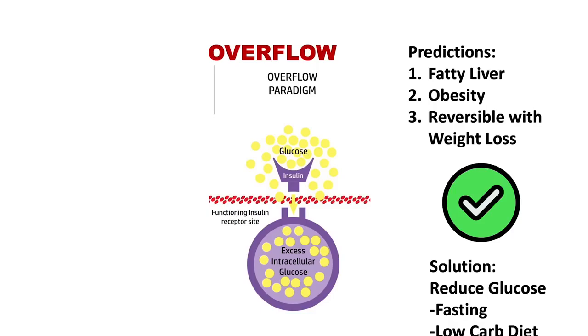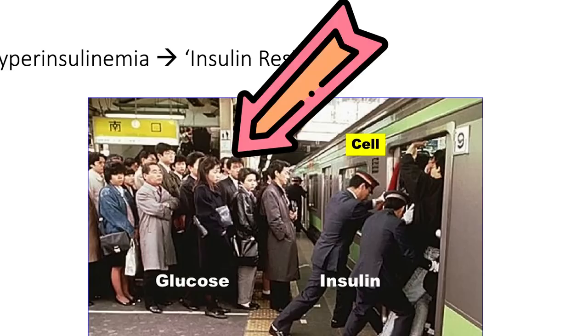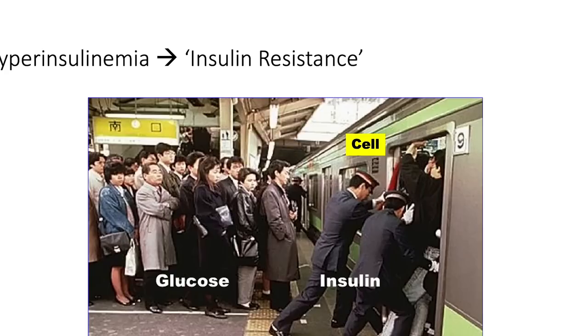One final analogy for you: if you think about a subway train as the cell, you have glucose, which should go into the cell when the doors open, and it opens because of insulin. If you have people piling up on the platform, not able to go into the train, there's two possibilities. One is that the doors are simply not opening when insulin comes and tells them to, and inside the train there's no people.